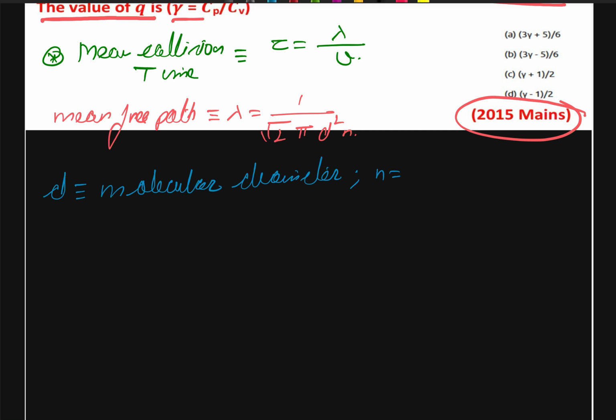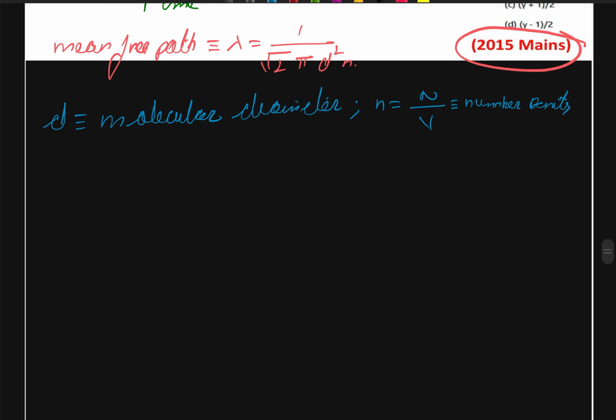N is our capital N divided by V. It is called a number density, where capital N is number of molecules and V is the volume. So we can say capital N is our number of molecules and capital V is our volume.